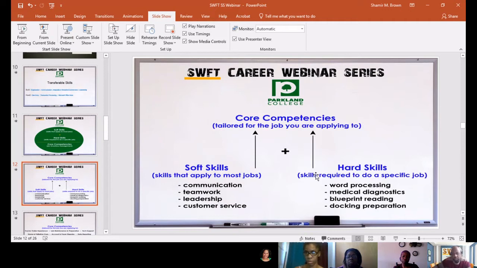So what you have when you have core competencies is the combination of both soft and hard skills. A good example of merging the two together would be to look at customer service as a soft skill and then combine it with blueprint reading.